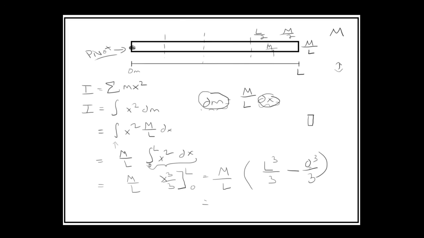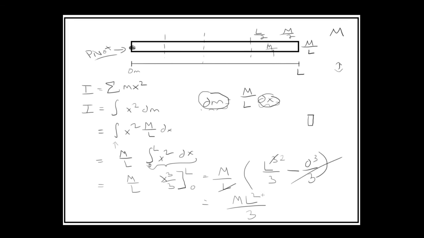We know this is 0, so that just cancels out. Then it's M times L cubed over L times 3. We can cancel, so L cubed over L is just L squared. So this is M L squared over 3.